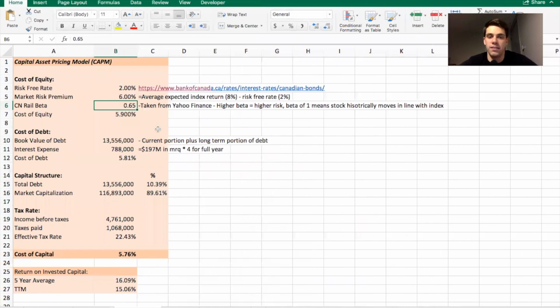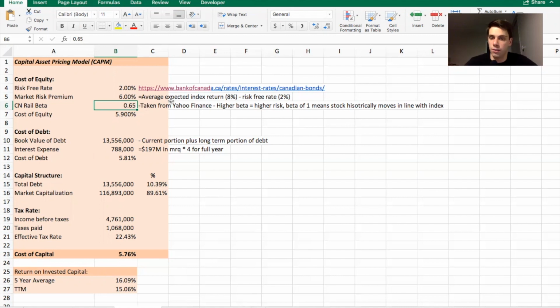Now, what it means is it essentially measures how volatile a company's stock price is in relation to the index, to the stock market as a whole. So a beta of 1, for example, would mean that if the stock market as a whole goes up 1%, the stock also goes up 1%. But a beta of 2 would mean if the stock market as a whole goes up 1%, then the stock you're looking at here would go up 2%.